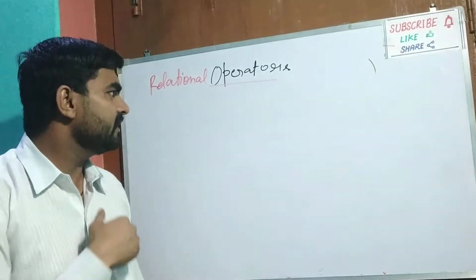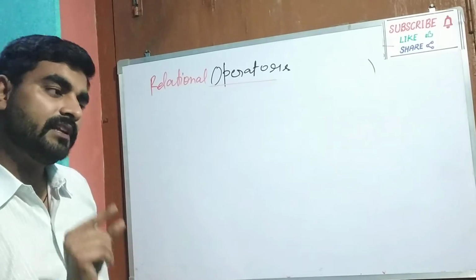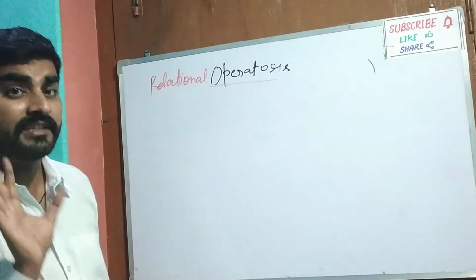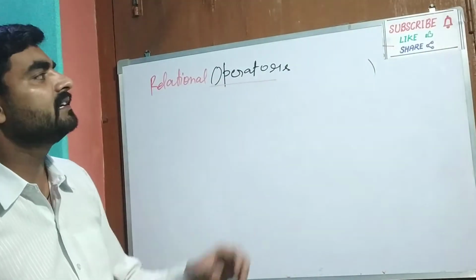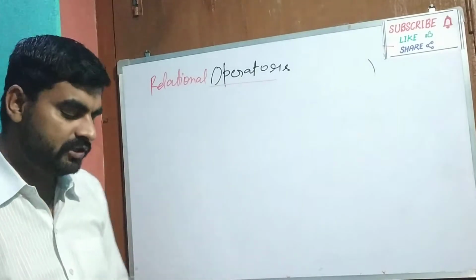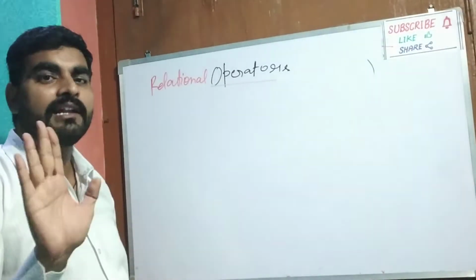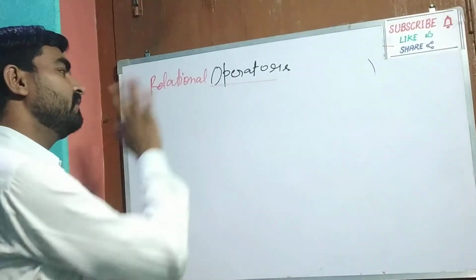After this video I will make a video on conditional operators, then I will explain very clearly what a condition is. But relational operators are used in the form of a condition, to compare two values, and I am with strong belief you all know all the symbols of relational operators.